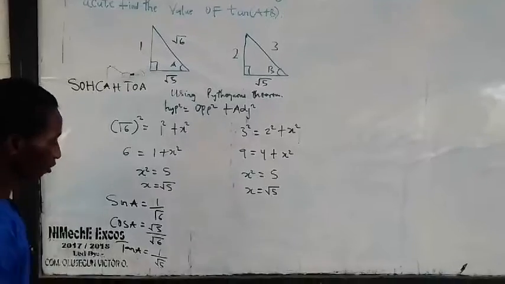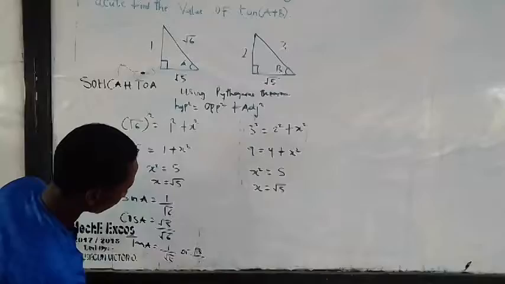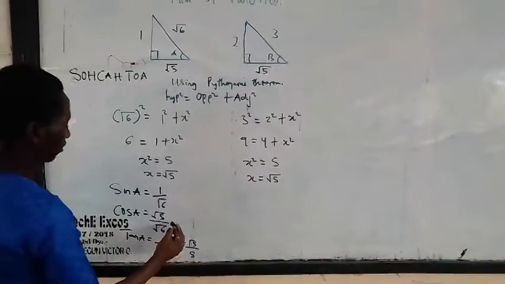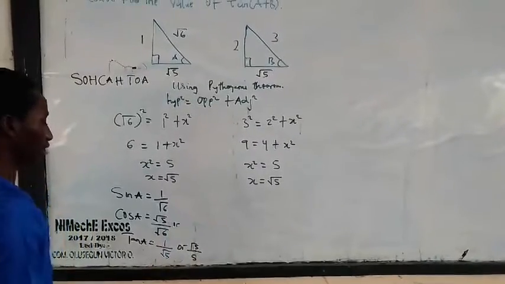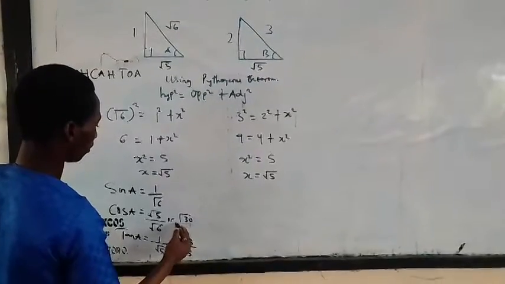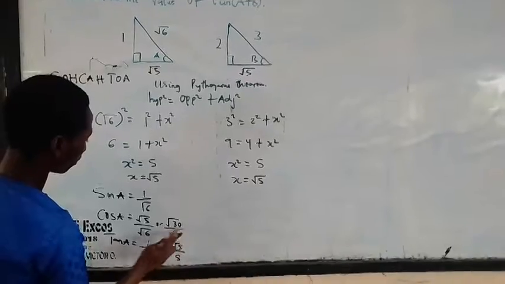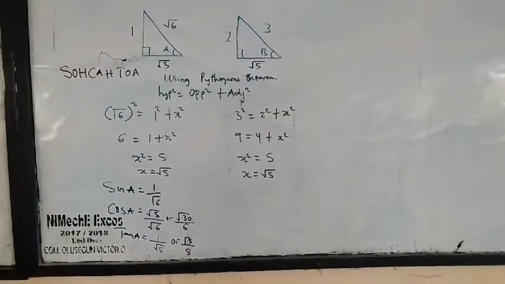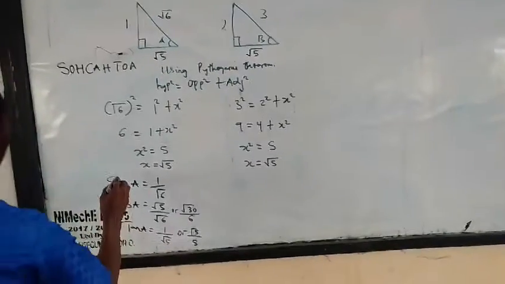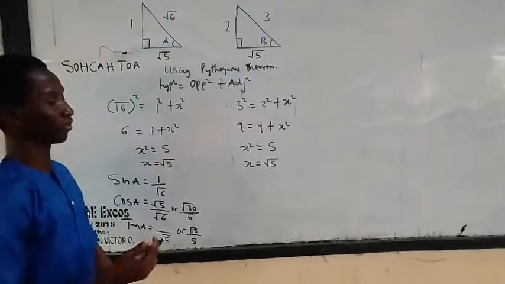So 1 over root 5 can also be written as root 5 all over 5. This one, when you rationalize, you have 6 times 5 is 30, all over 6. That's all about our trigonometry ratios for acute angle A.